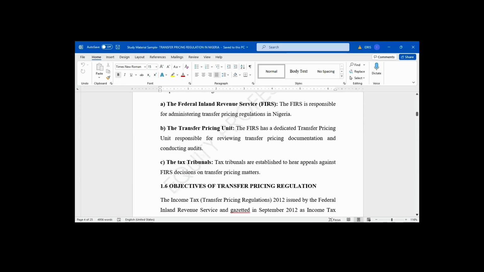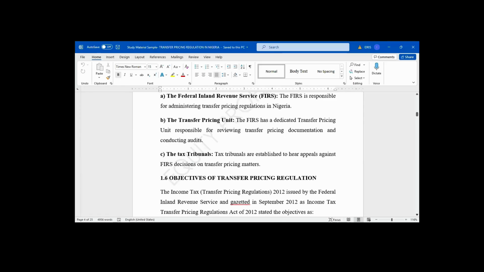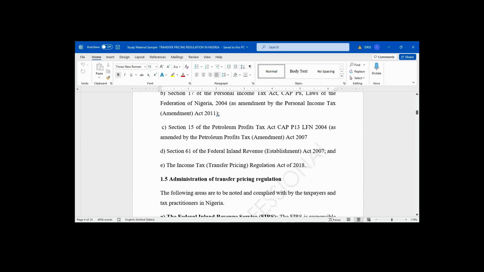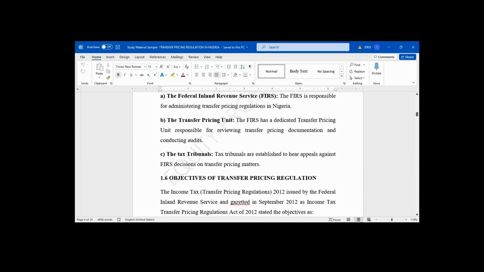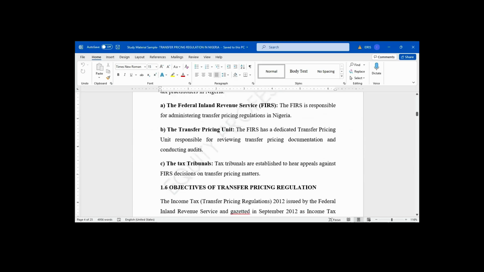So the Tax Appeal Tribunal too is part of the administration of transfer pricing. So when you are asked what are the administrators of transfer pricing regulation, they expect you to mention first FIRS, Federal Inland Revenue Service. Second, the transfer pricing unit. Third, the Tax Appeal Tribunal.